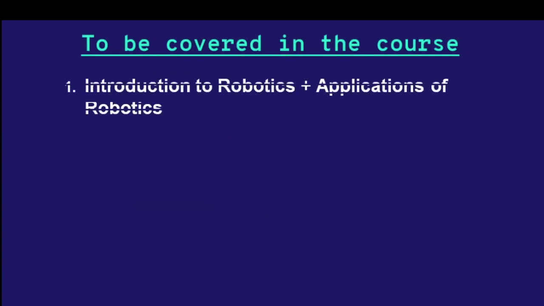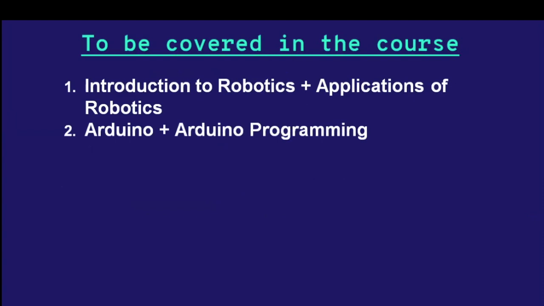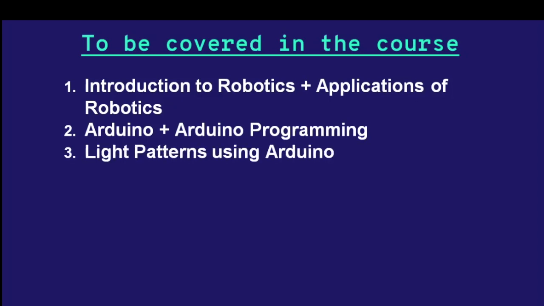These are the topics to be covered in our course: introduction to robotics plus applications of robotics. Then we'll talk about the Arduino board. The Arduino board is the microcontroller that we are going to use in this course, and we'll be learning how to program using it. Then we'll be creating light patterns using the Arduino.